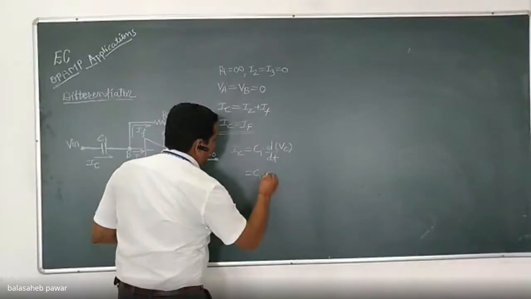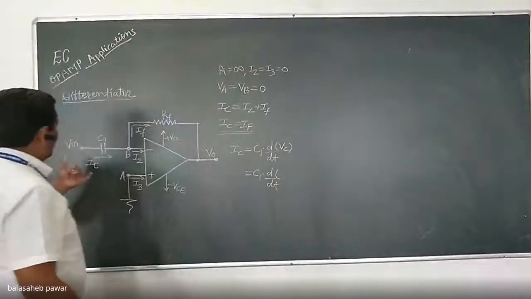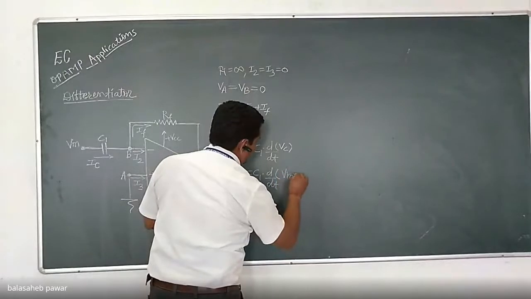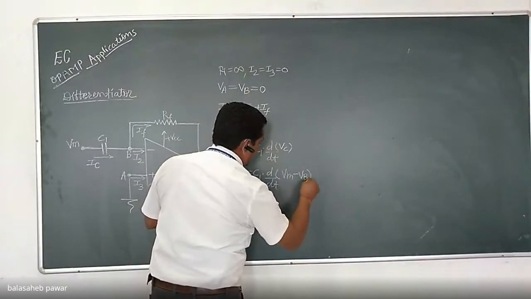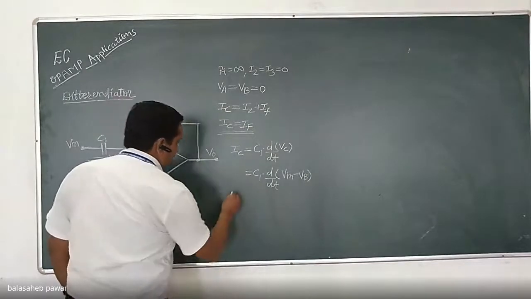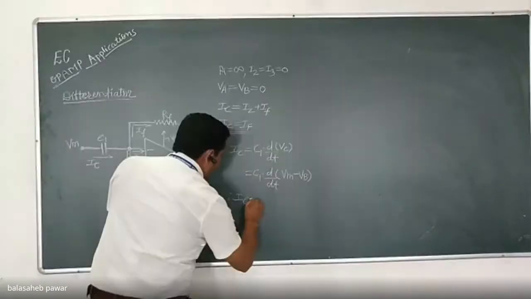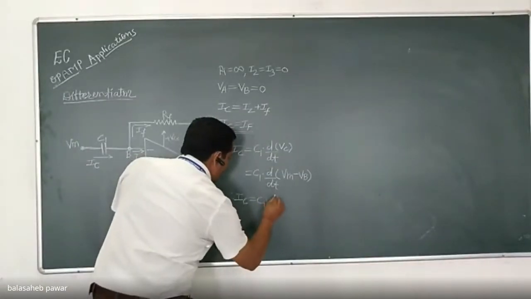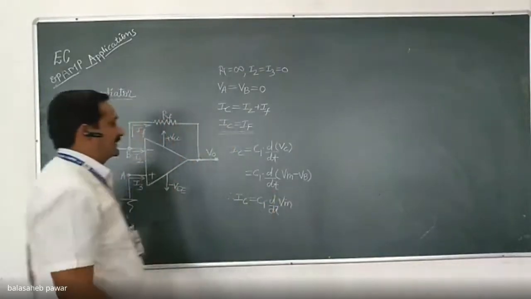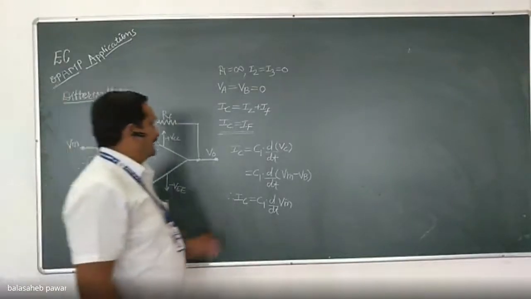That is equal to C1 into d by dt of Vin minus VB. This is the potential difference across that capacitor. As VB is equal to 0 due to the virtual ground concept, therefore at the end we will write IC equals C1 into d by dt of Vin. This is nothing but the current flowing through the capacitor.